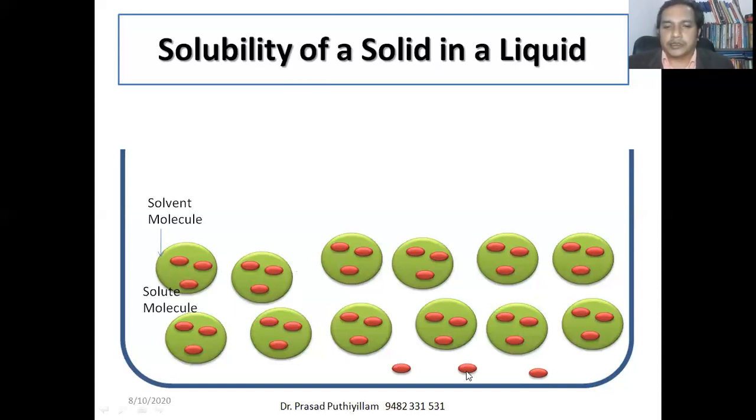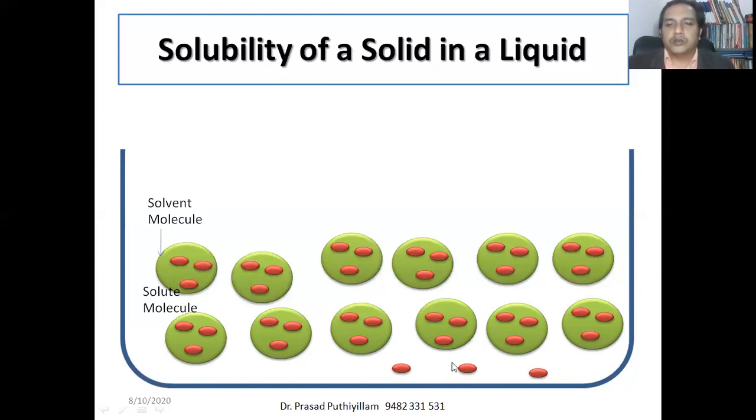Therefore the extra solute particle will crystallize out or precipitate. It will collide with the solute particles and separate; we call it crystallization, or in a simple way, precipitation. The more used word is precipitated, while crystallized is the more scientific way of expressing it.